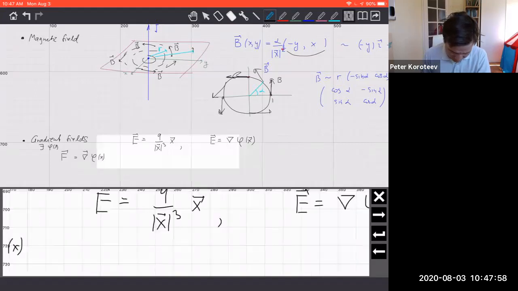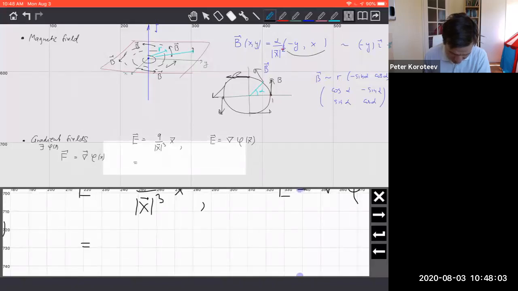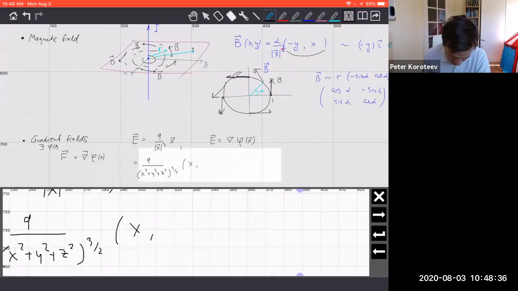So I remind you what the gradient is. Let's write it in components, and assume here that we live in 3 dimensions. So E is equal to Q over the absolute value of r cubed times the vector, where the absolute value of r is the square root of x squared plus y squared plus z squared, so to the power 3/2, and the components are x, y, z.